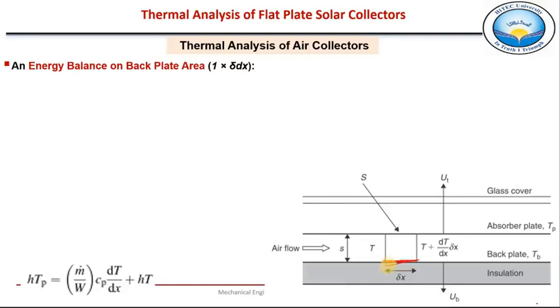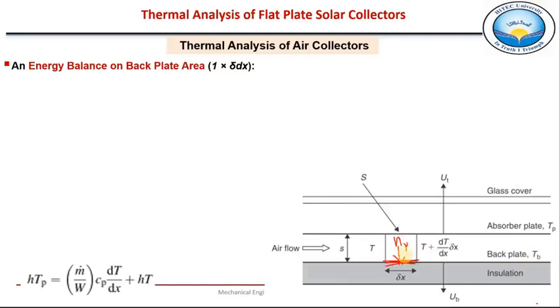Now this back plate is the system, our thermodynamic system, on which some energy is entering. What energy is entering here? The radiation heat transfer from this heated absorber plate to this one. So that is HR, from the main absorber plate to the back plate.